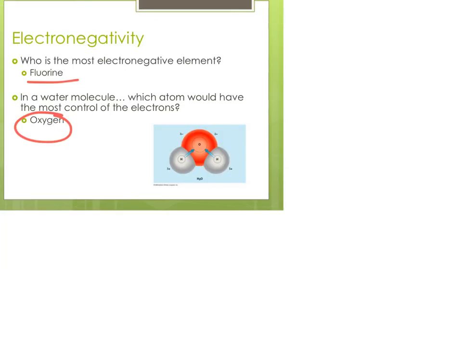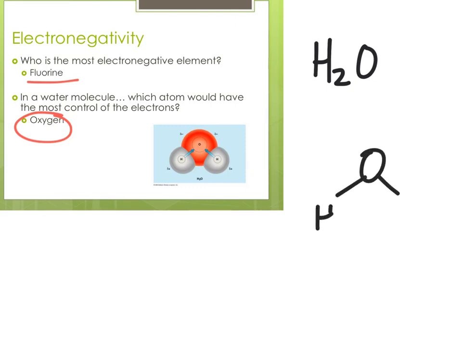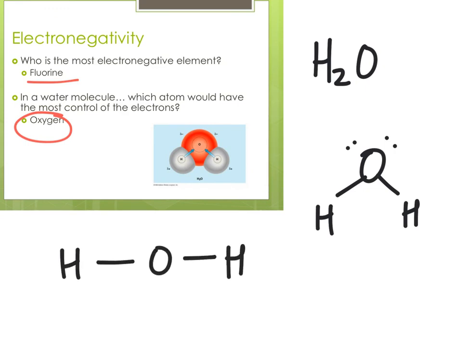I think we all know that water is H2O, and maybe in biology you wondered why water was drawn this way versus this way. The reason for this bent shape is because the oxygen actually controls the electrons more within these bonds than the hydrogens do.